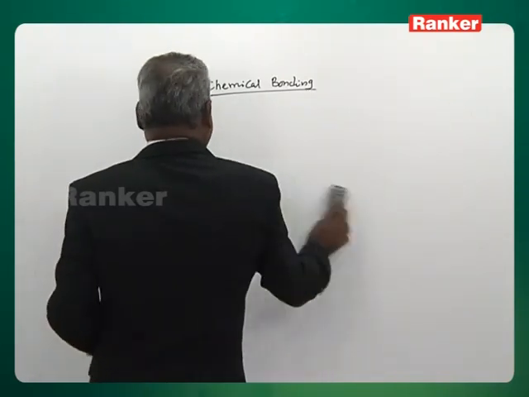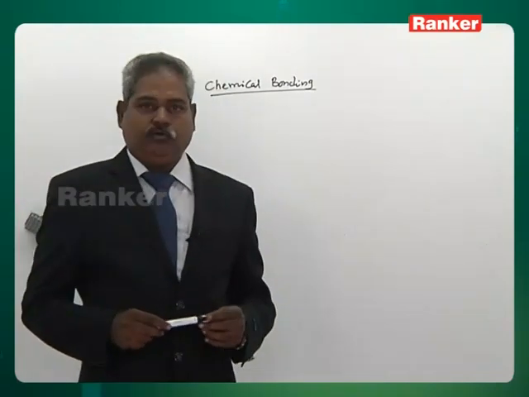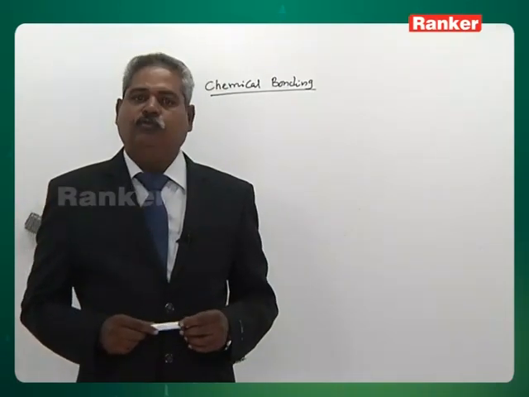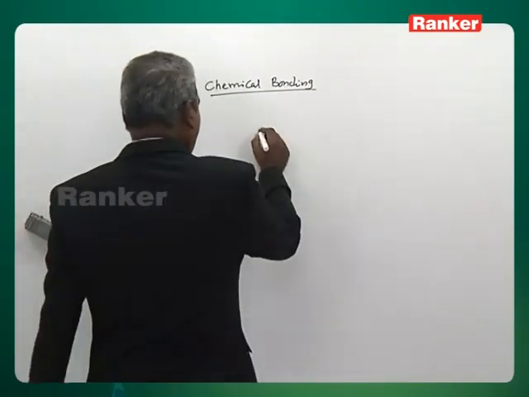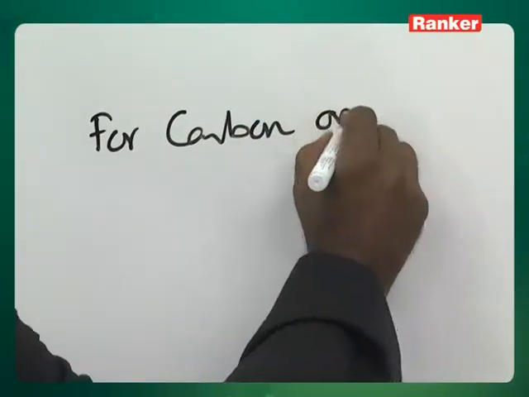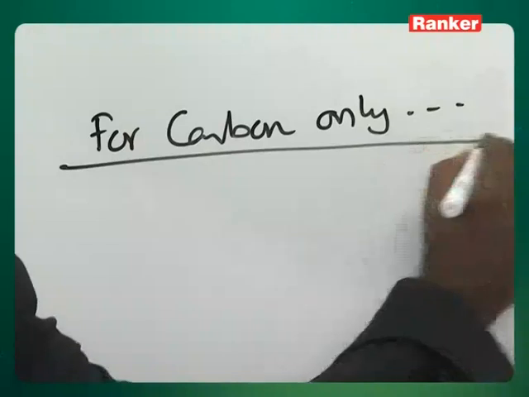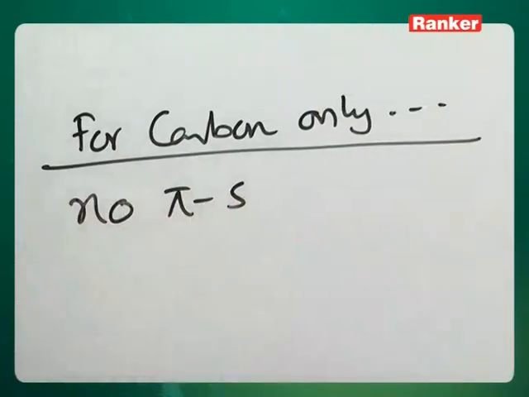So, how to find hybridization? What have we done so far? How to draw any structure, how to find hybridization. And this is for carbon only, for carbon with no pi bond.